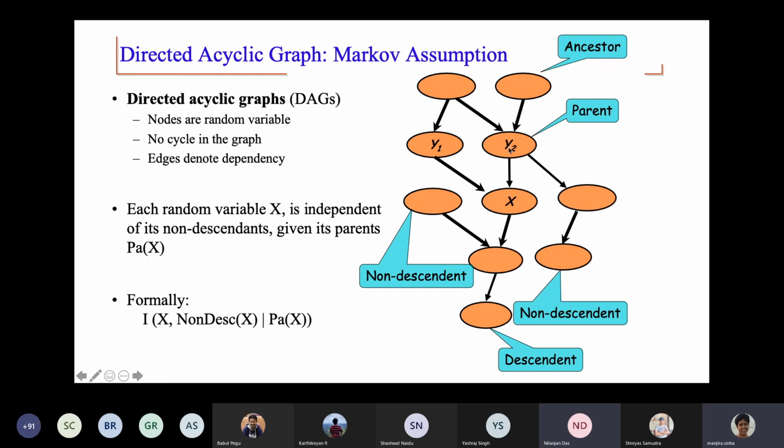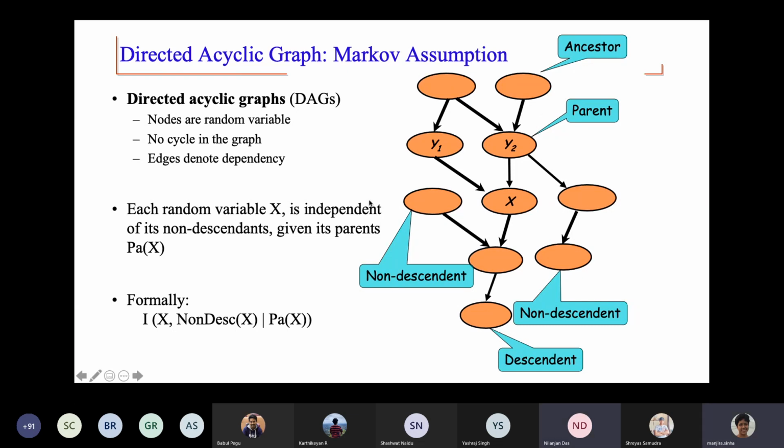So instead of the friendship network we saw in unsupervised learning when we were talking about social networks or Facebook, here we have ancestor and parent relationships. It is more like a tree structure, with parents and leaf nodes, and from parents we have some children nodes.